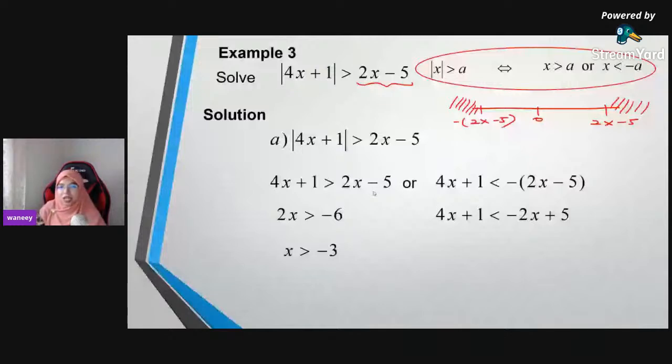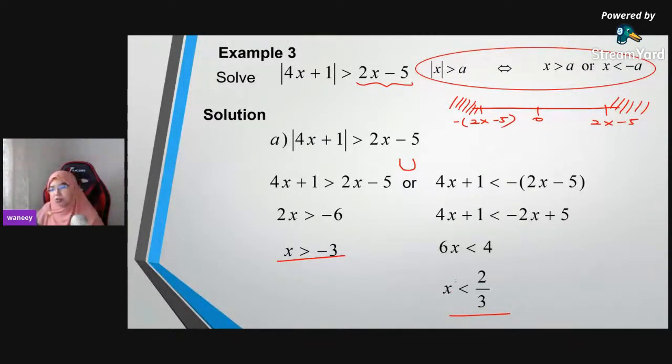Just now we talked about n, where we have to find where they overlap or intersect. Or simply means we have to find the union of these two answers. Kalau n kita akan cari kawasan overlap, kalau or kita akan cari union lah.